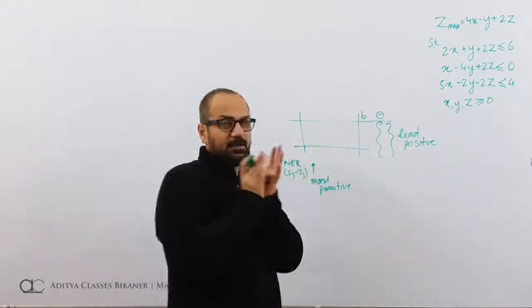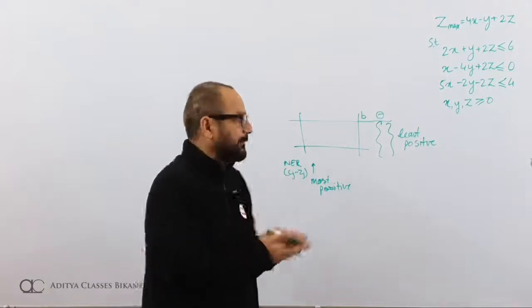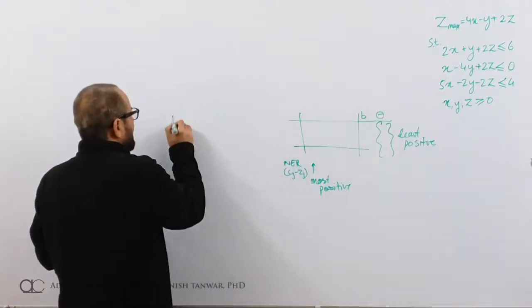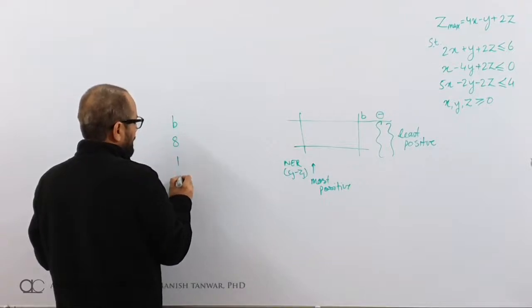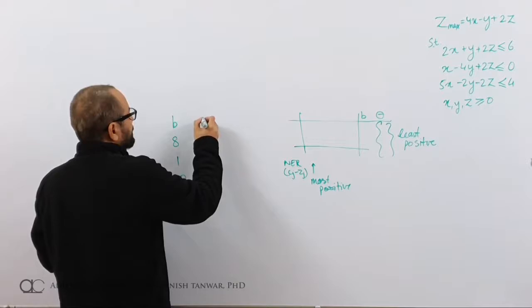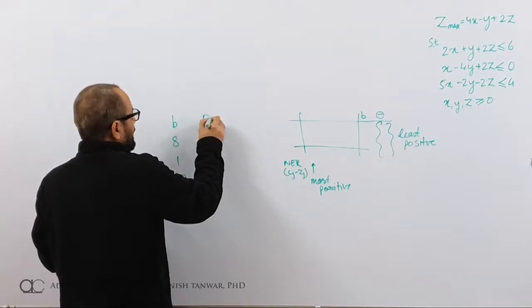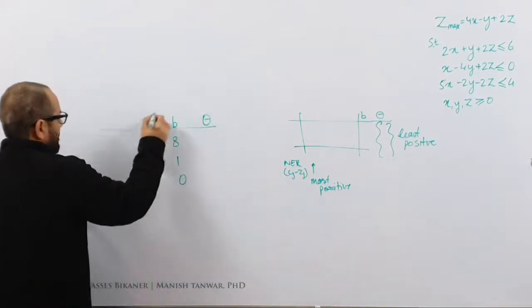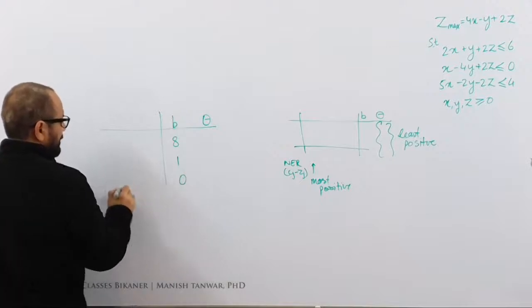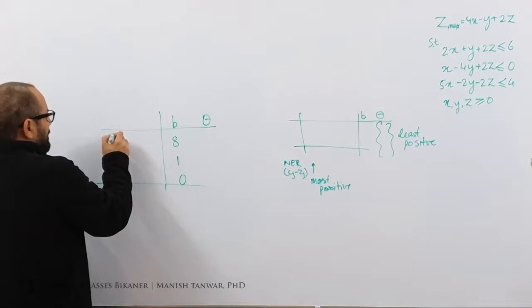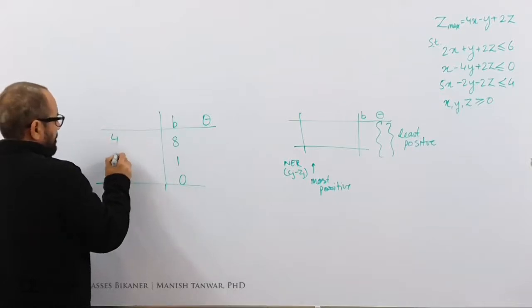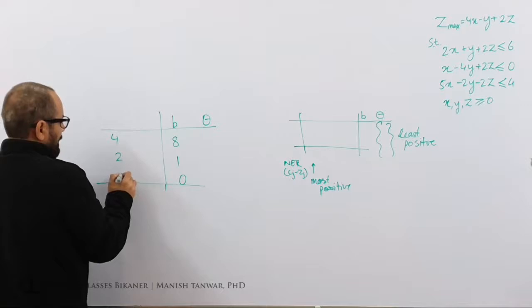Now, if we look at this case practically, what happens is, if I have b as, let us say 8, 1 and 0, and we try to find out theta. Let us say the key column elements over here were maybe 4, 2 and 10.